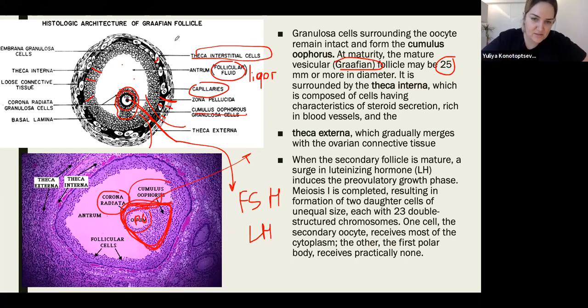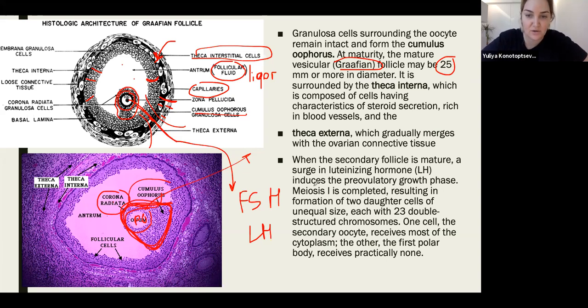FSH binds to the theca interna cells, and theca interna cells secrete a precursor of the estrogen. This precursor is taken up by the granulosa cells and converted to the active form, which is estrogen itself.